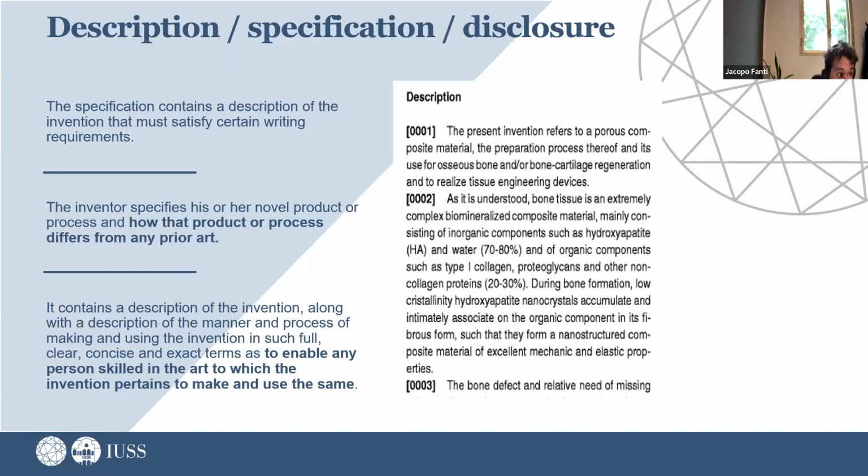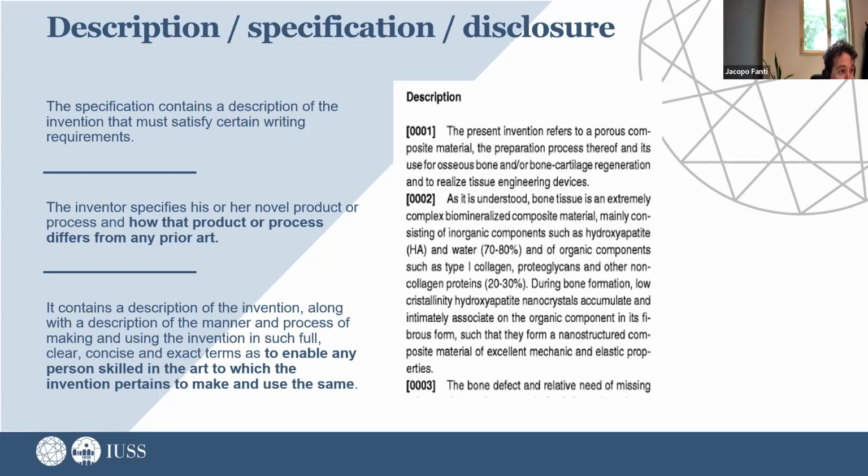Then we have the description. And the description is the most important section from the technological point of view. It has to be clear, of course, and sufficiently complete for a third party, for another subject, to be able to reproduce it. So this is a requirement foreseen by the law, as we were mentioning before.